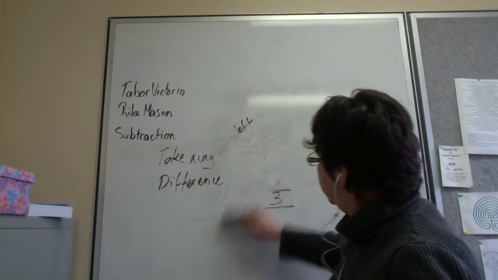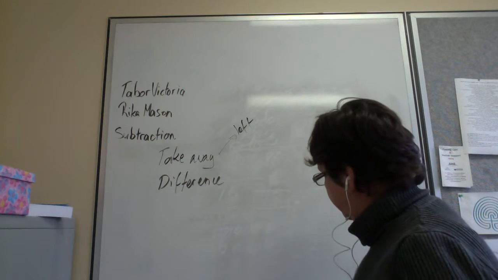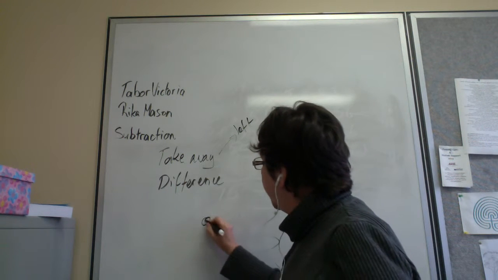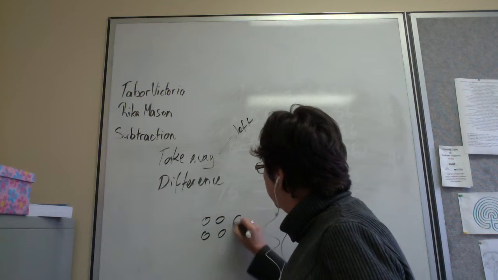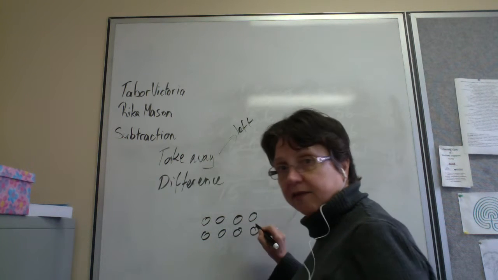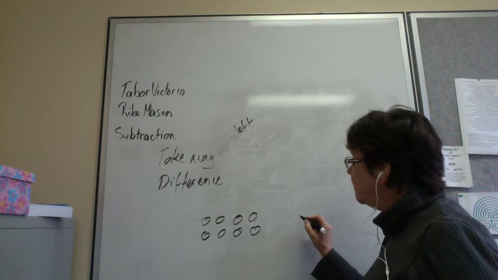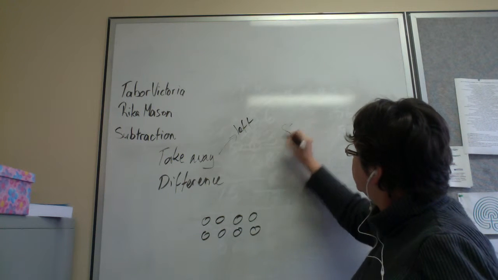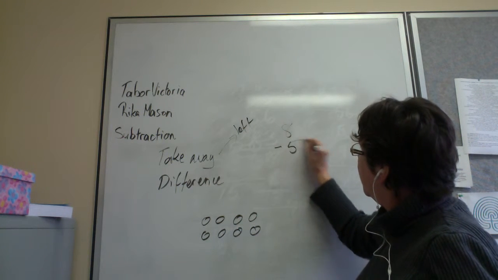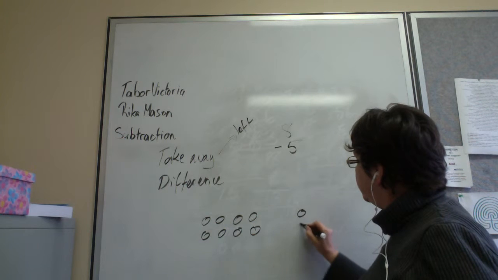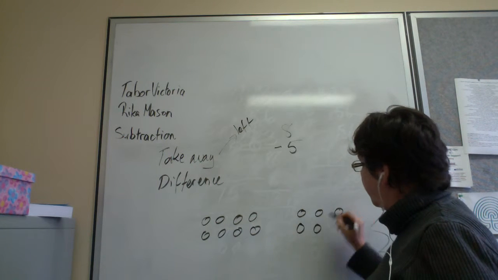So here, it's the difference between 8 and 5. 8 take away 5, the difference is 3.